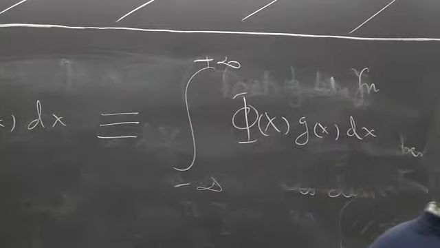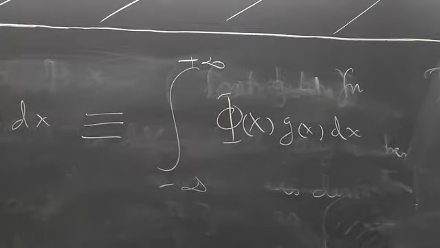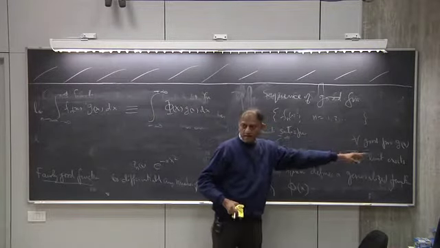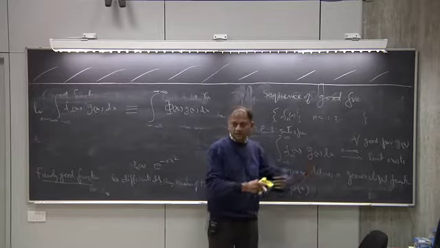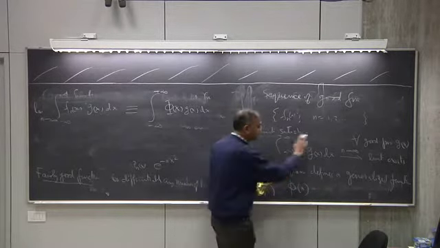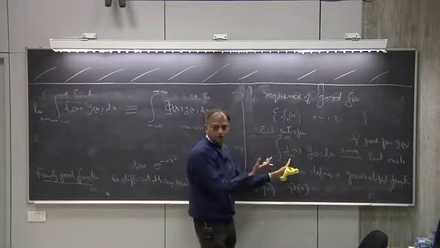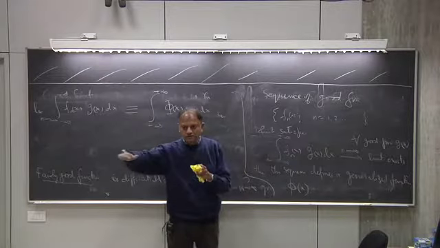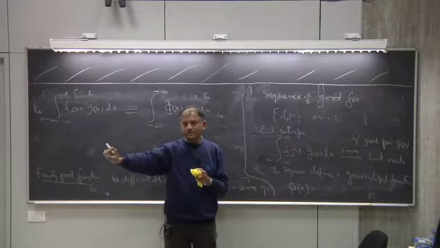Okay. So the important point is the limit should exist. If you just take an arbitrary sequence, the limit may not exist, right? The limit should exist for any good function. Of course, for different choices of good function, there will be different limits. But when I say limit, I mean that for every n, this is going to be some number, so you get a sequence of those numbers, and that sequence should converge to a particular number.